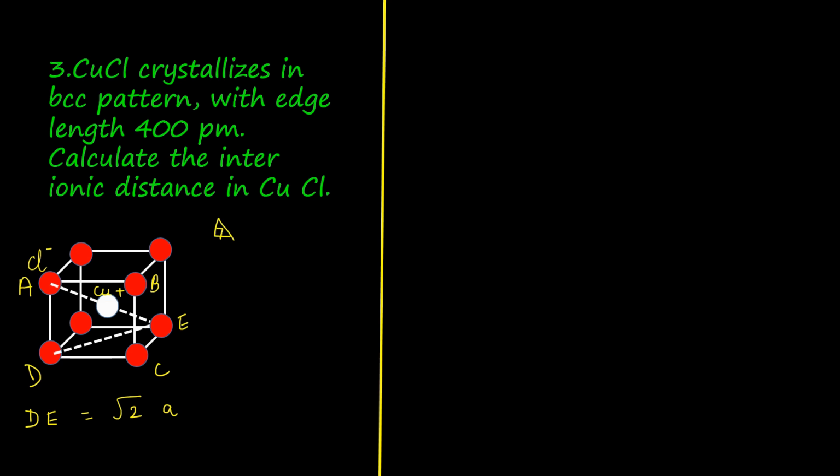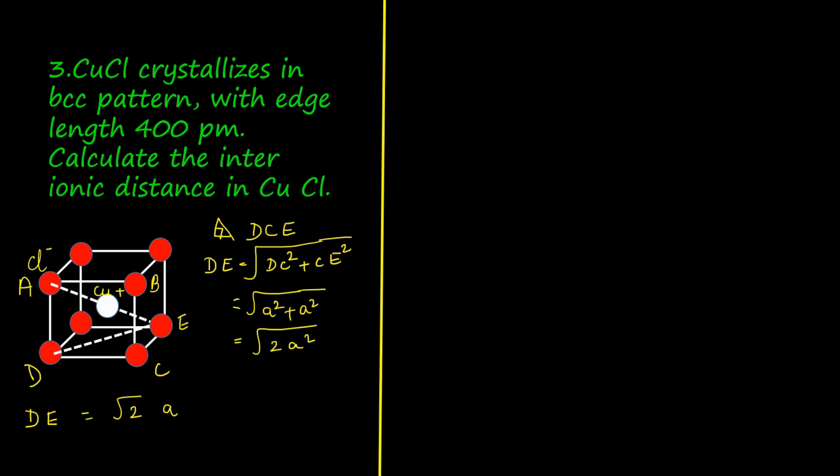From the right angled triangle DCE, DE is equal to root of DC square plus CE square, which is nothing but root of A square plus A square, that is root of 2A square, which can be written as root 2A.